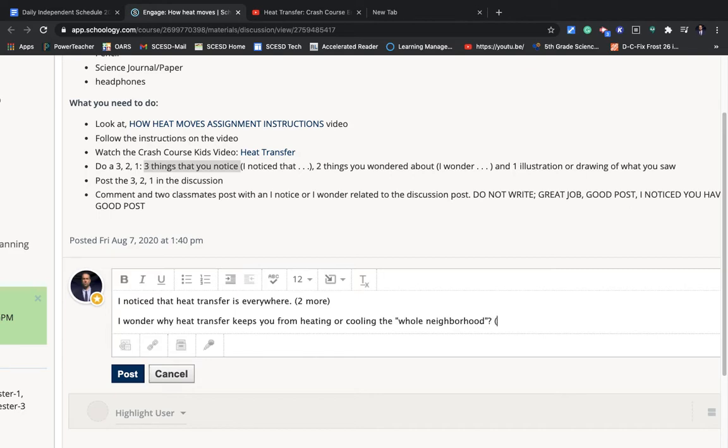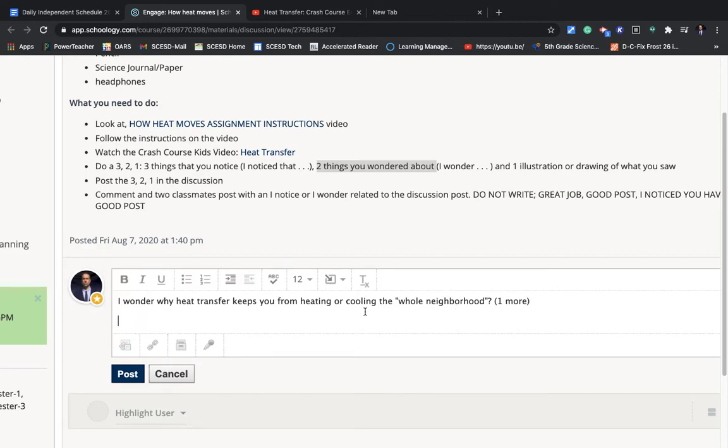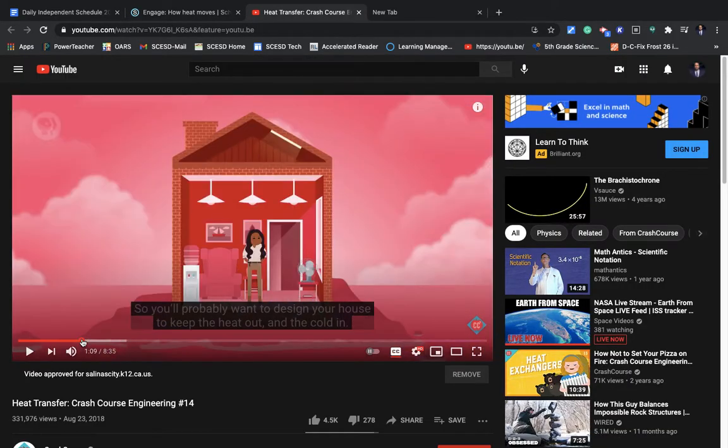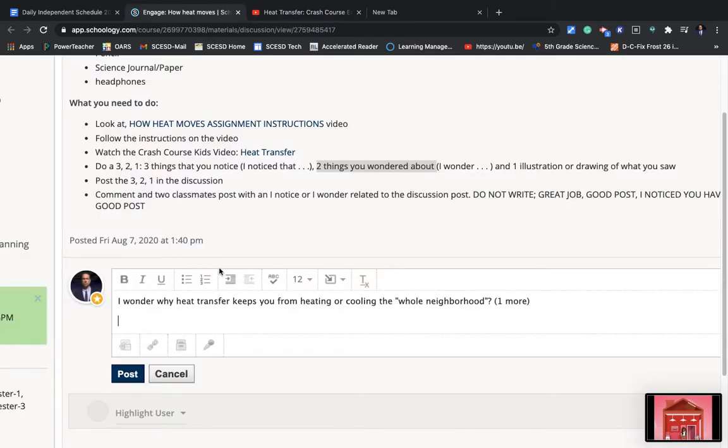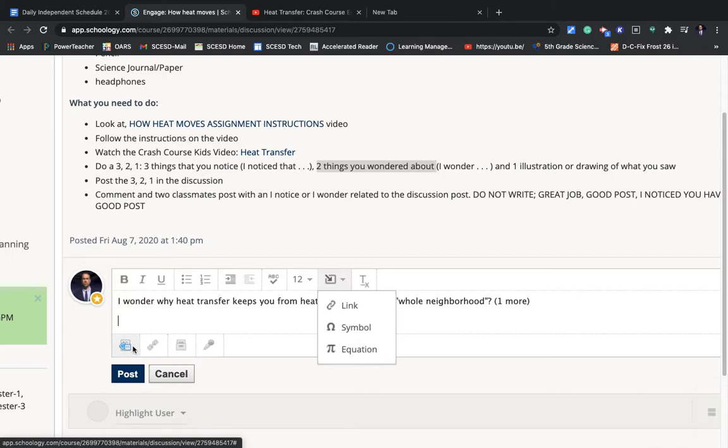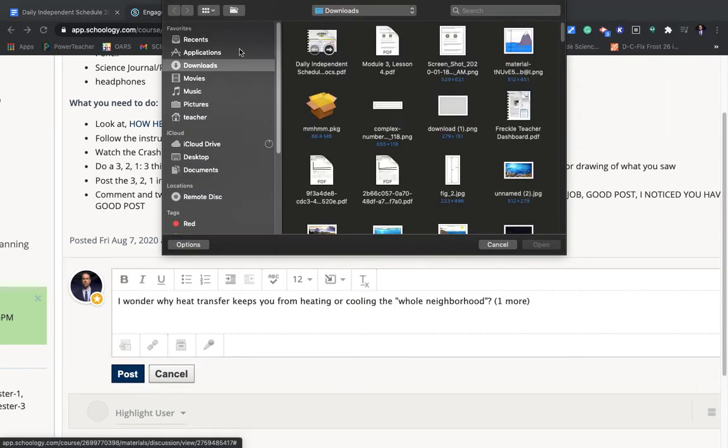Now I need 1 more of these, as it says in the directions. It wants 2 things you wondered about. So 1 more of these, and then an illustration or drawing of what you saw. So you could draw something on a piece of paper, or you could take a screenshot and then you could go over and insert that screenshot by clicking File.